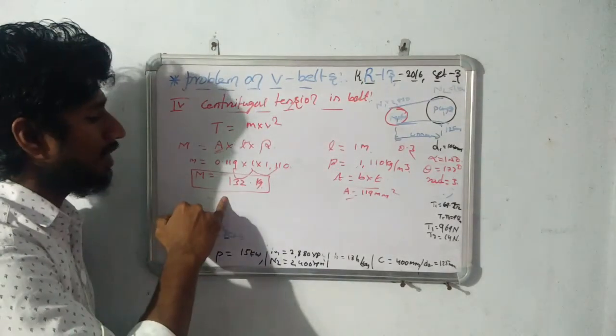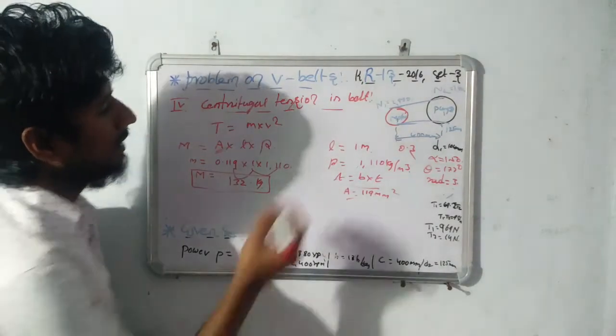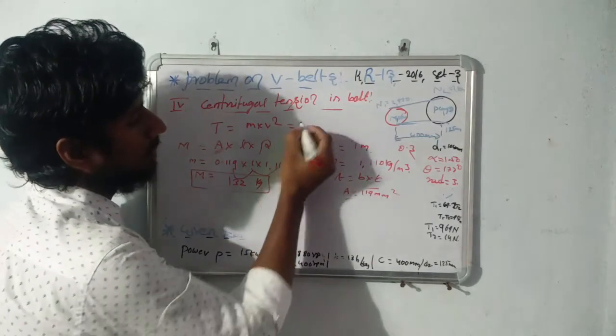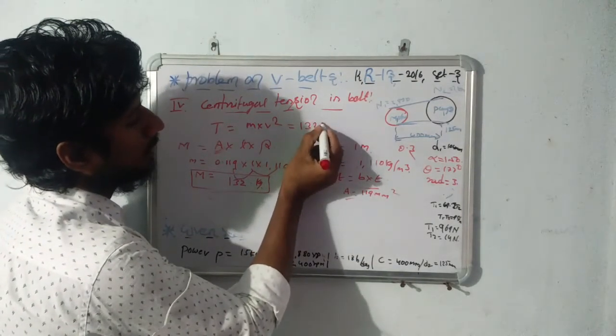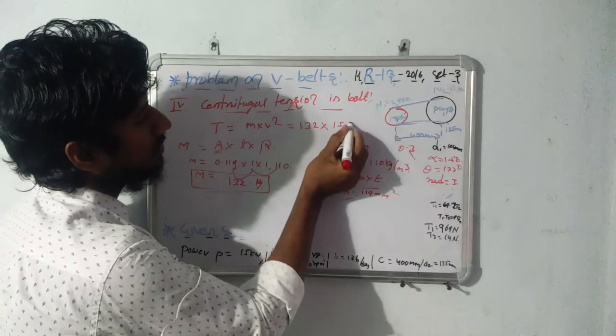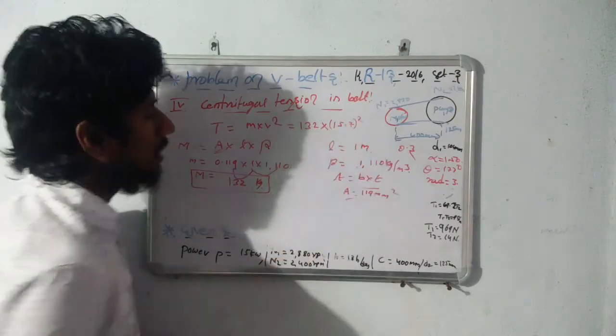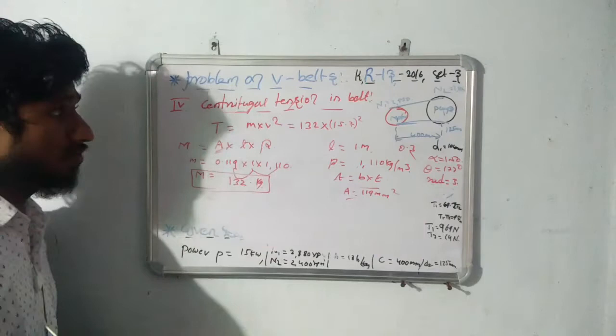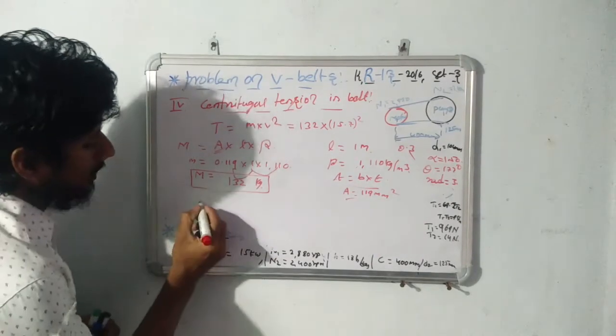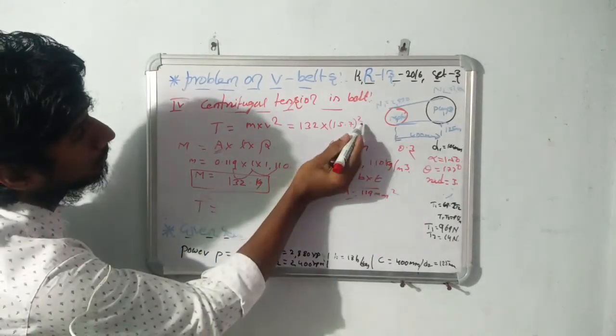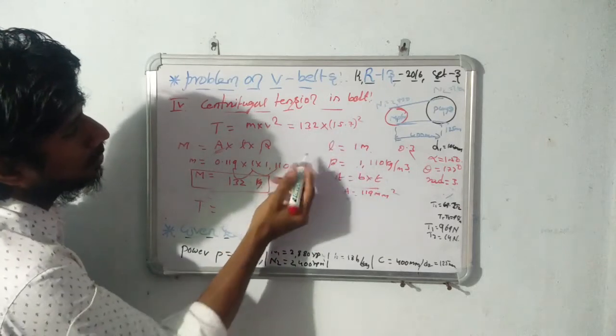So by using this mass of the belt, let's find out what is the centrifugal tension in the belt. Here M equal to 132 into what is the velocity? 15.7 whole square. So ultimately what we get the value of centrifugal tension here, the T equal to 132 into 15.7 square.